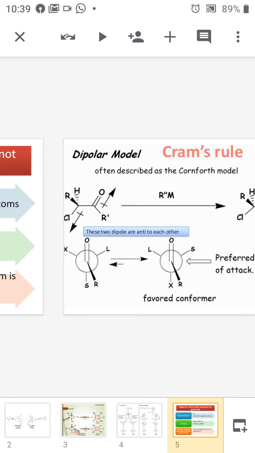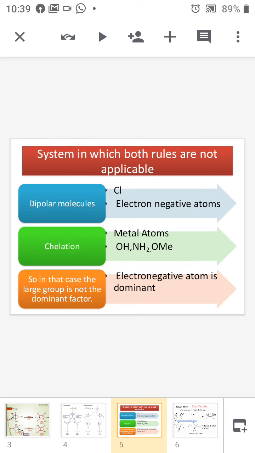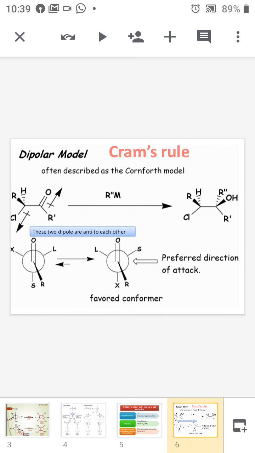Okay, now we are moving into the examples. The first case is the dipolar molecule. While applying Cram's rule in a dipolar model, here is the example. Here we can see that the chiral carbon atom, which is directly connected to the carbonyl group, contains a chlorine substituent. We know that chlorine is an electronegative atom, so it withdraws electrons towards its side. But if you arrange the structure like this, the carbonyl group is also electron withdrawing.